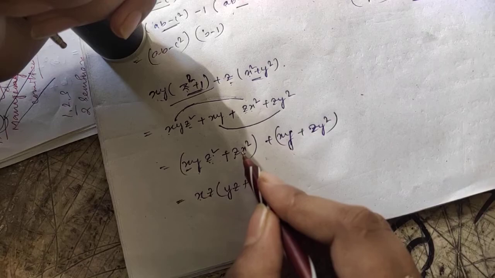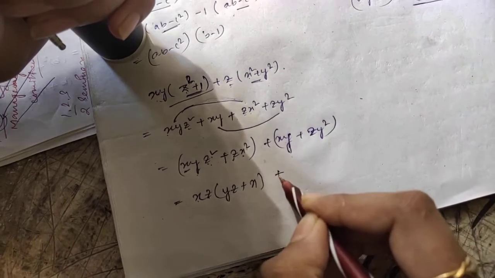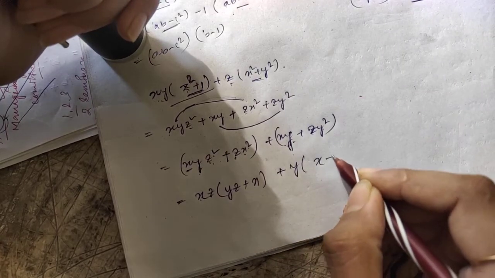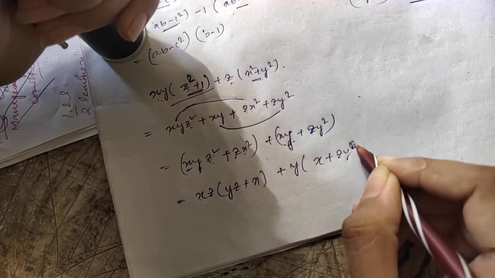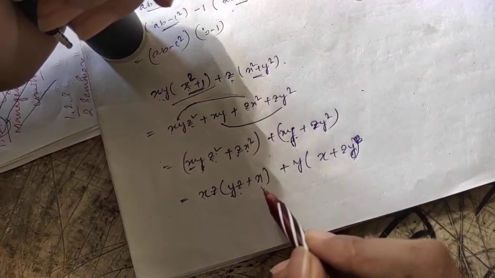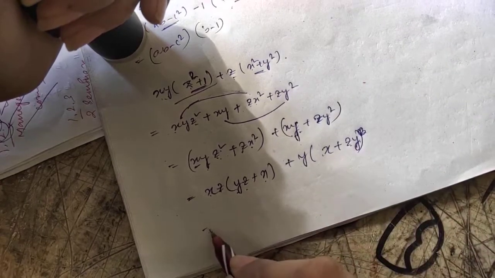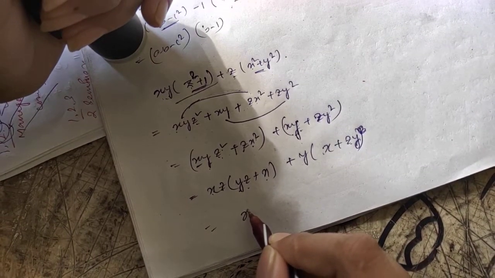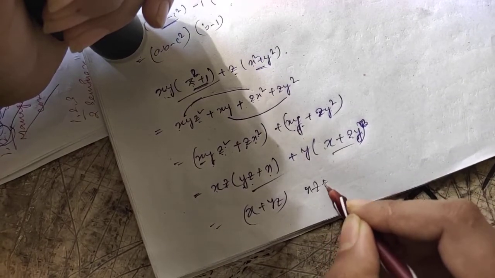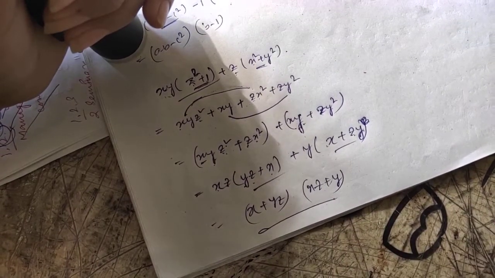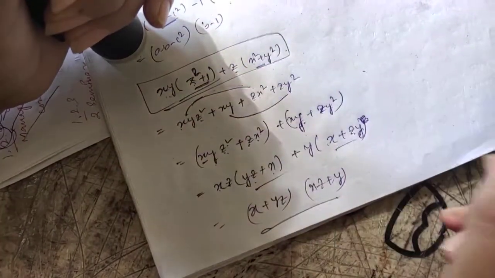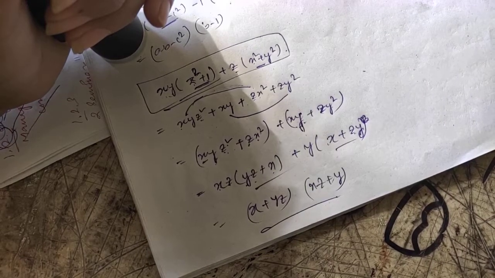In zx square, x will be there. Here xy and zy square, so y I can take common, x plus z y. See here yz plus x and x plus z are both the same. So x plus yz, if I take common, then xz plus y. So these are the factors of this term. Okay. So next we will discuss 60.